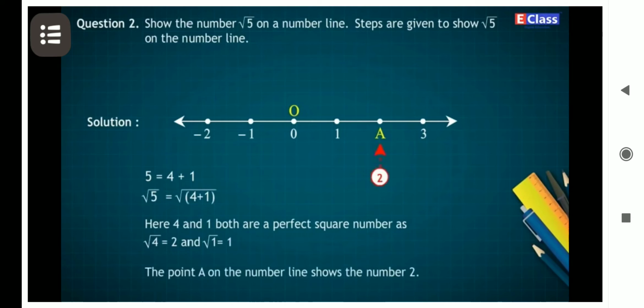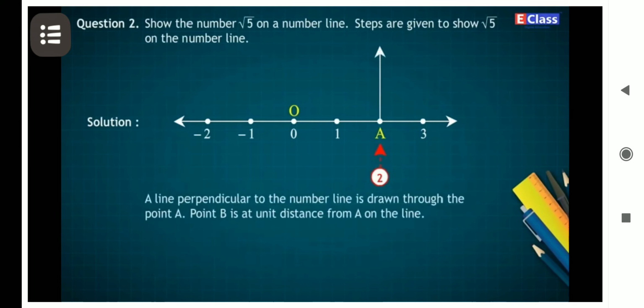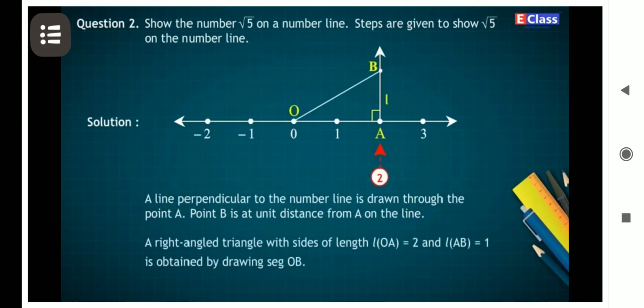The point A on the number line shows the number 2. A line perpendicular to the number line is drawn through the point A. Point B is at unit distance from A on the line. A right angle triangle with sides of length OA equal to 2 and length AB equal to 1 is obtained by drawing segment OB.